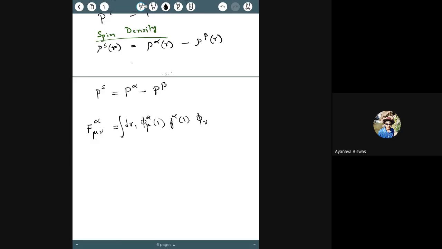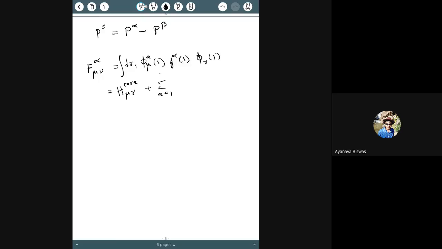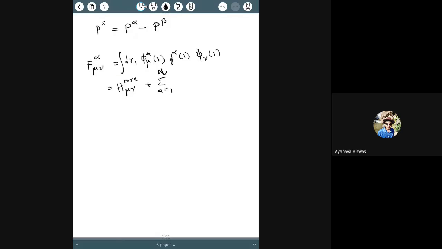I'm tired of writing integrals in every class. Then you have the H core mu nu part, just like the restricted picture. And you will have then a sum over the alpha molecular orbitals.